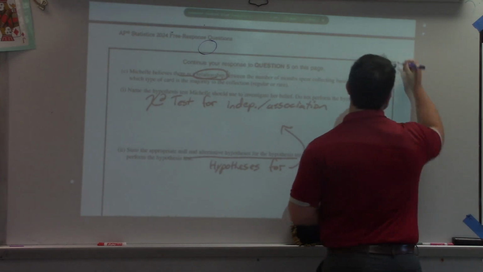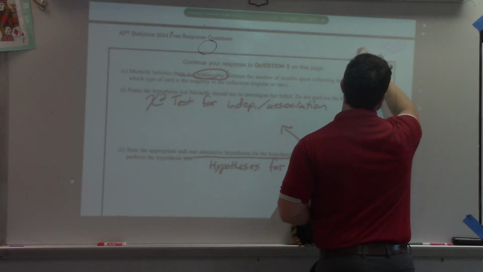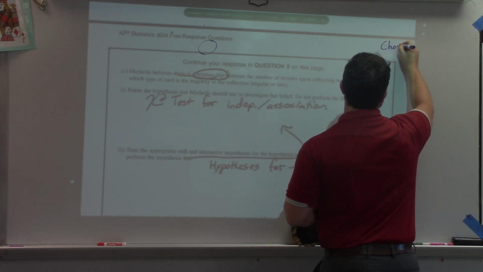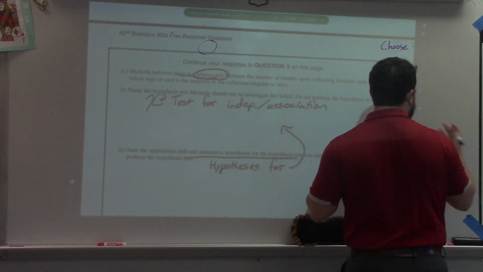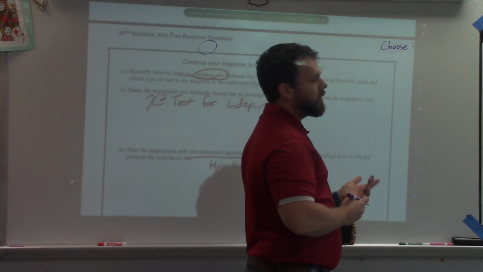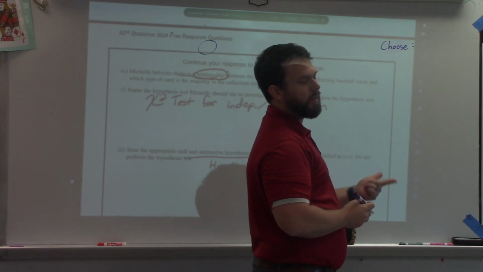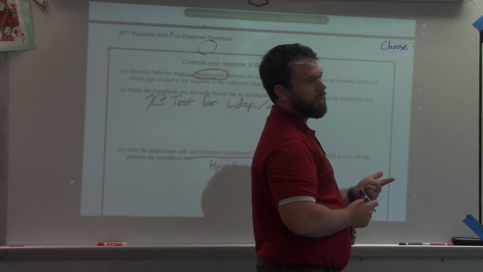Okay, as I said, there's two different options. All right, what's our first step? Choose. I'm not going to write everything out, I'm mostly going to focus on the calculate portion. But when we choose here, make sure you do your hypotheses and you define your alpha level. Is there anything else I'm missing?